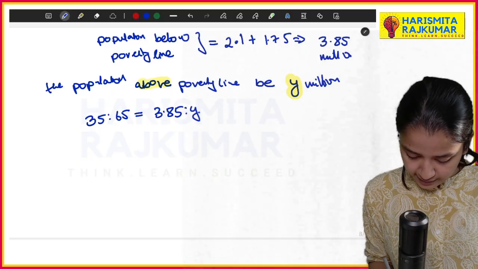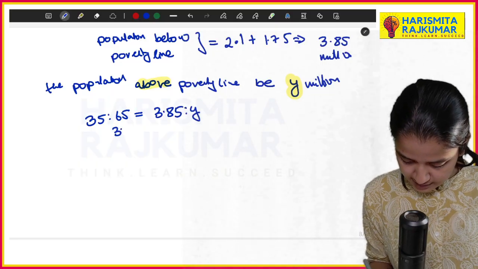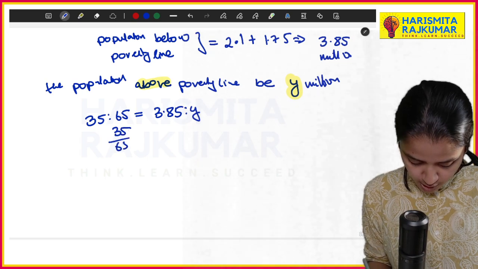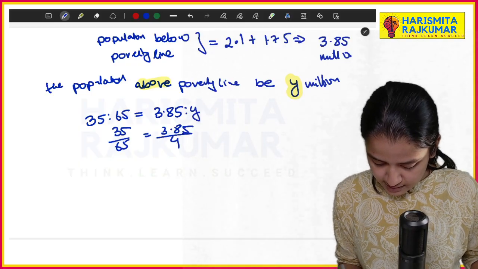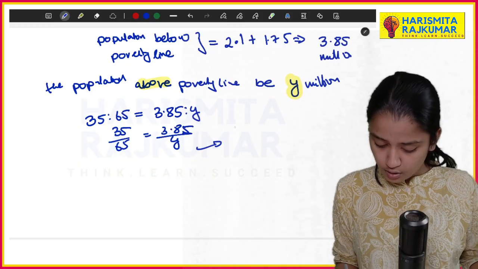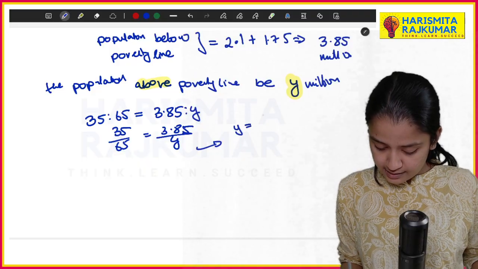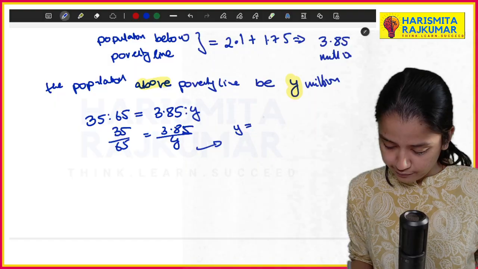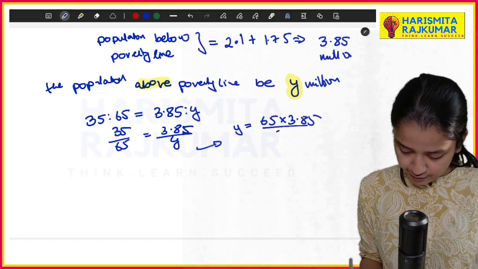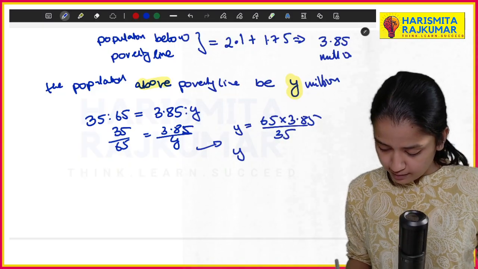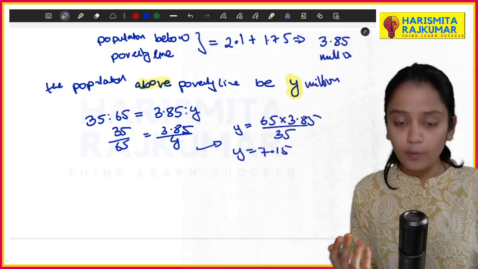So 35 by 65 is equal to 3.85 by Y, and I will get Y is equal to 65 into 3.85 divided by 35. So Y I will get as 7.15 million. That is the population above the poverty line.